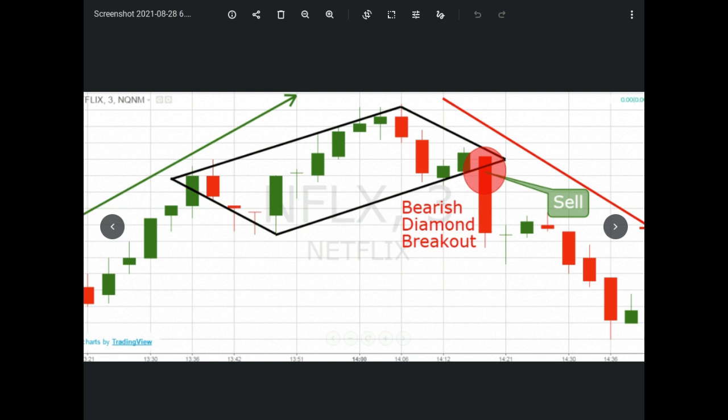Formations with more range between highs and lows perform better than shorter ranges. And so again, the bigger this is, you would take this, subtract it from the support, and it'll tell you how far it's going to go. This will be your take profit down here.